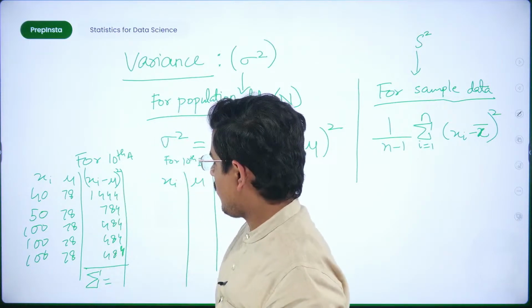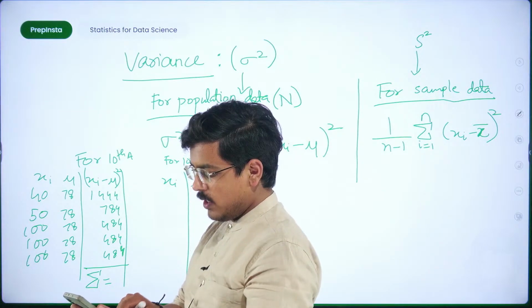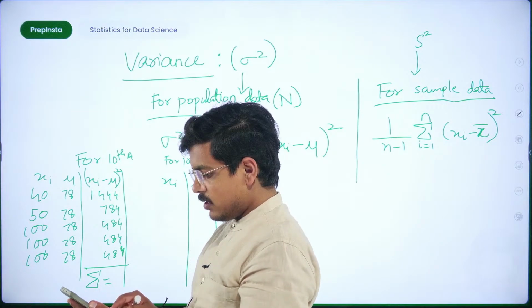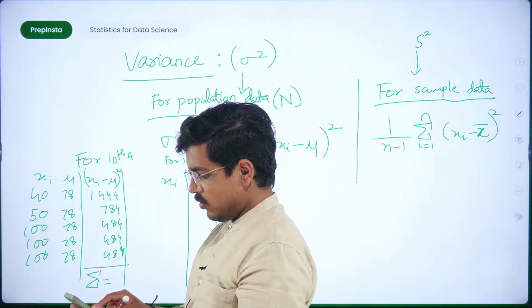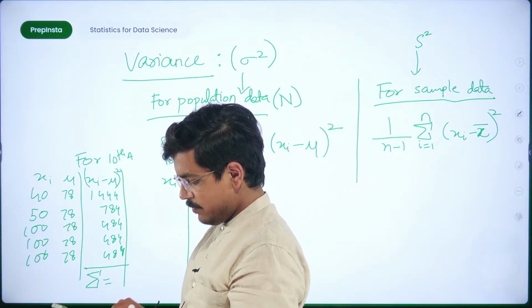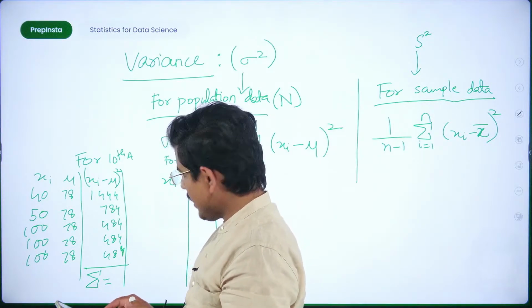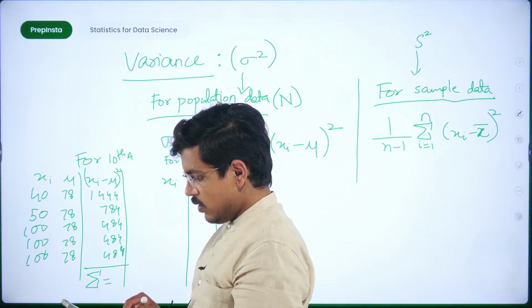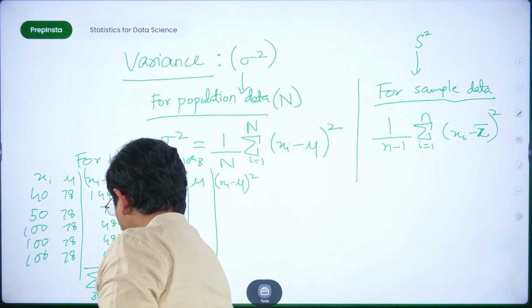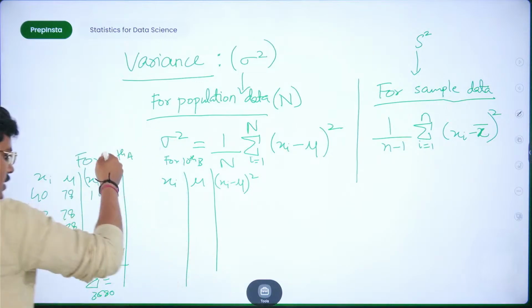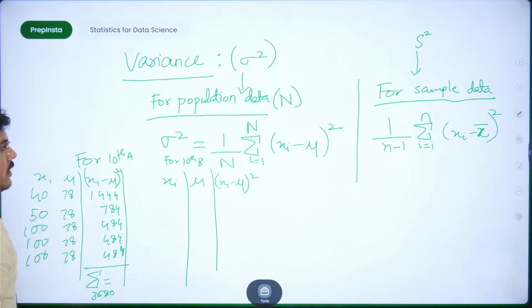now if I check their sum, what would be their sum? So 1,444 plus 484, which will be used thrice, right, and a 784. So you have 3680 here, fine. The sum that you get here is 3680.